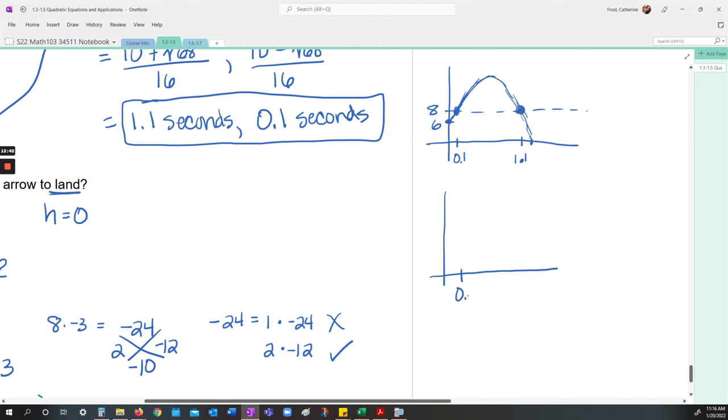So maybe this is 0.1, and then this is 1.1, and then maybe 1.5 would be about there. And so again, I'm still not going to draw it to scale, but if this is where it starts, from part A, we know where it's at 8. So we don't know how high it goes, but we know these points. We figured this out so far.